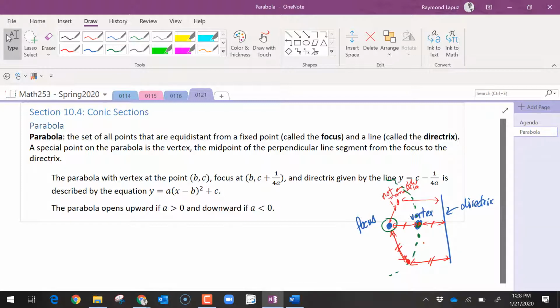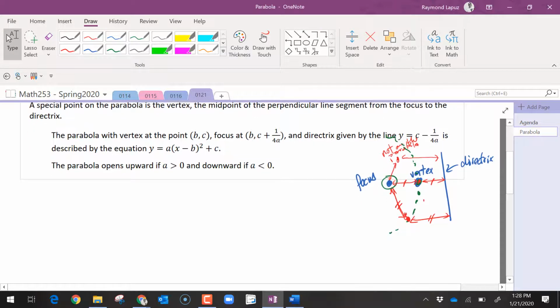So if we take a look at our simplest parabola, the very first parabola that we learned, we know some information about it, and we could try to figure out where the vertex is and the directrix and all that stuff.